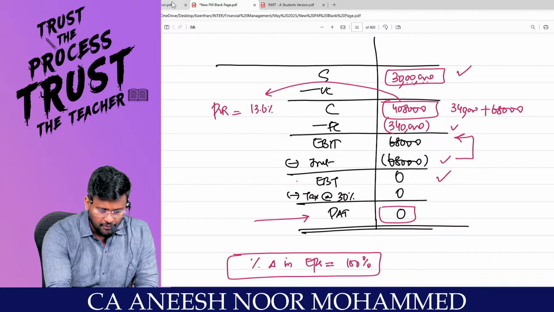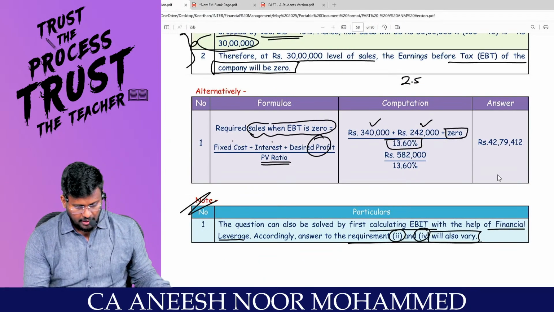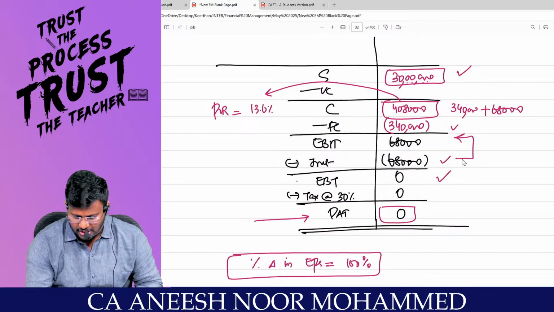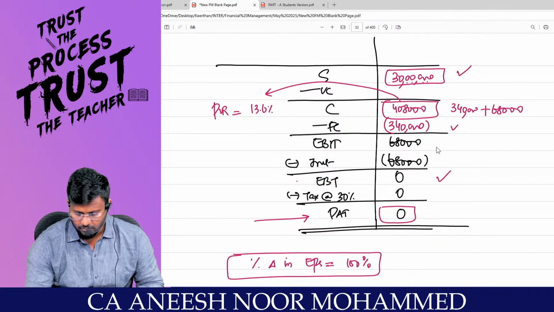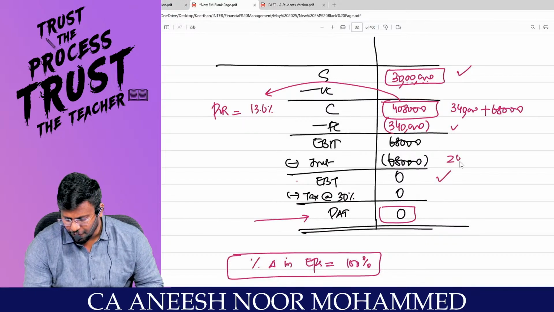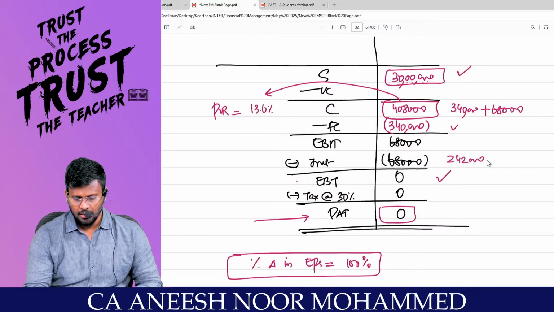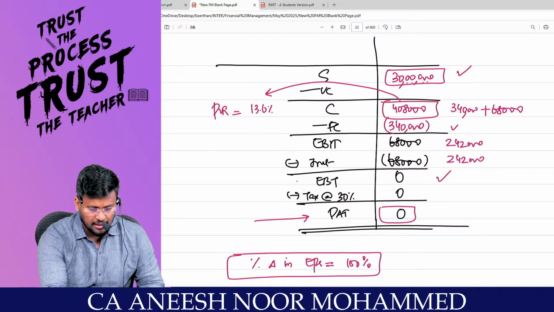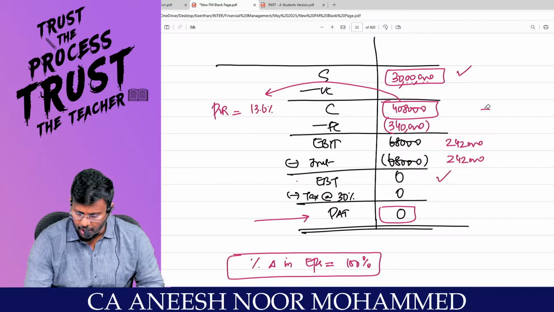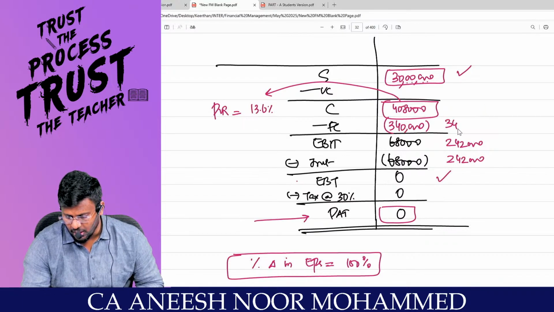So, my dear lovable students, tell me, if I am taking interest of how much rupees? 2,42,000 instead of 68,000. Here I should get 2,42,000. Correct, sir? Plus the fixed cost will be 3,40,000. Comfortable.